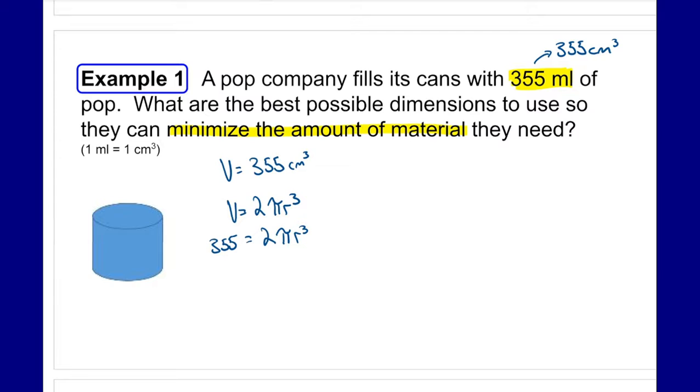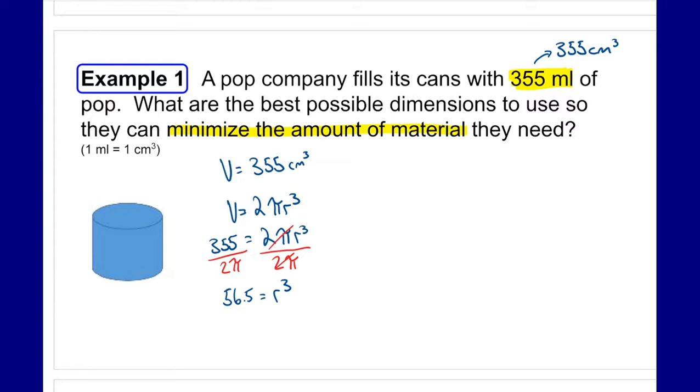If I want to get r cubed by itself, because the goal is to solve for r, I can get rid of the 2 pi by dividing by 2 pi, and I do the same thing to the other side. One side will cancel out, and we're left with 56.5 equals r cubed.